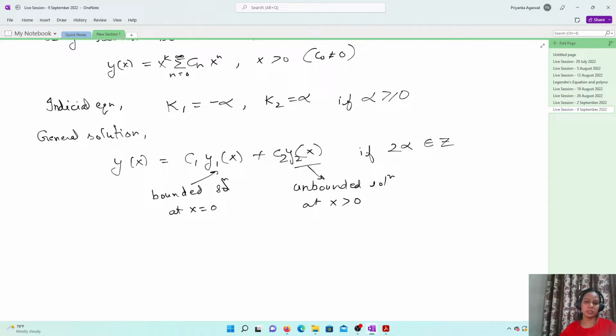So this has already been taught in the lecture, so I will not go into these details. Instead, I will discuss some examples based on what you have learned in the lecture.